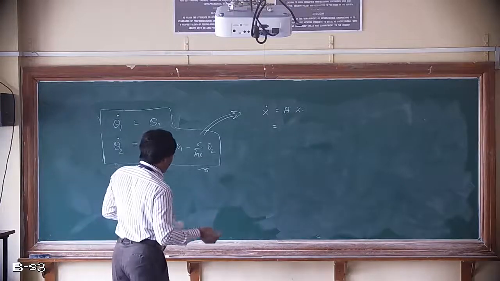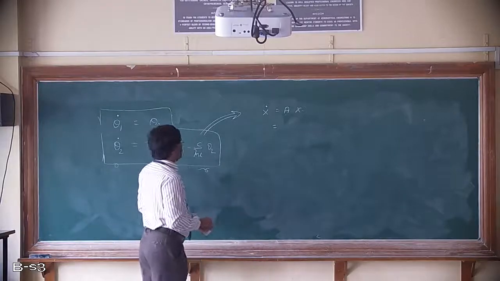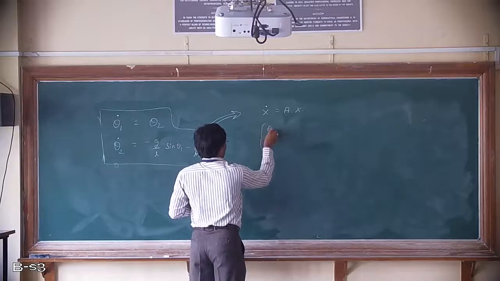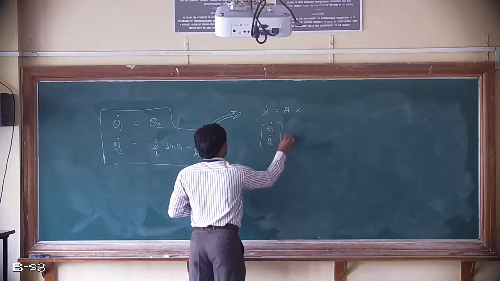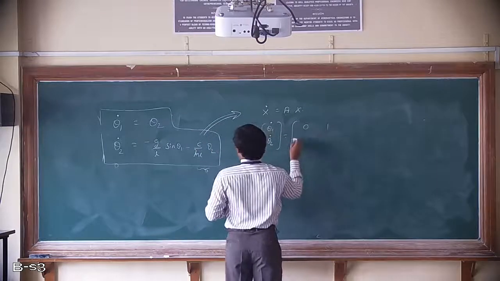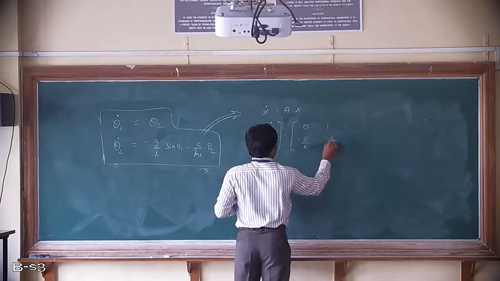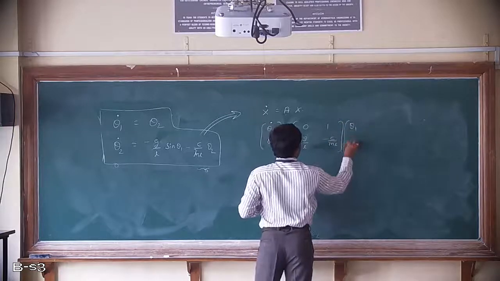Yesterday we already discussed this. So I am just writing this: theta 1 dot, theta 2 dot equals the matrix 0, 1, minus G by L, minus C by ML, times theta 1, theta 2.